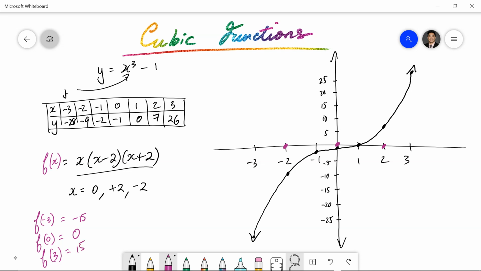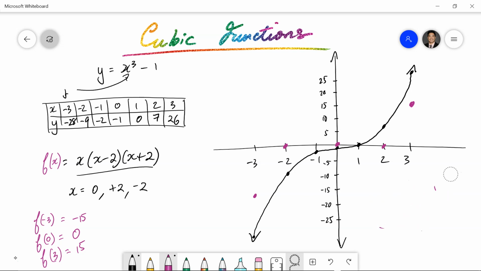So f of minus 3 is at minus 15, and f of 3 is at positive 15. It's going to be here. So cubic functions are going to look like that. We need to work out that kind of shape within this.